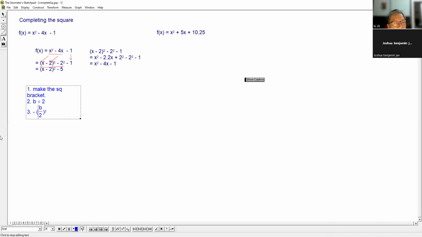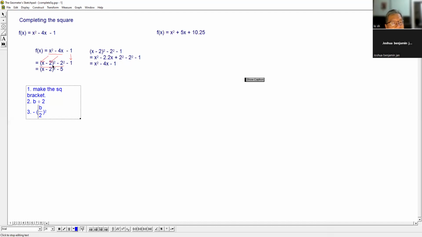First step, you create the bracket, make the square bracket, square. What to put inside here? This is x squared, you put x. Always put x. Then this one, you divide by 2, then you put inside here. If -4, you divide by 2, then it becomes -2.